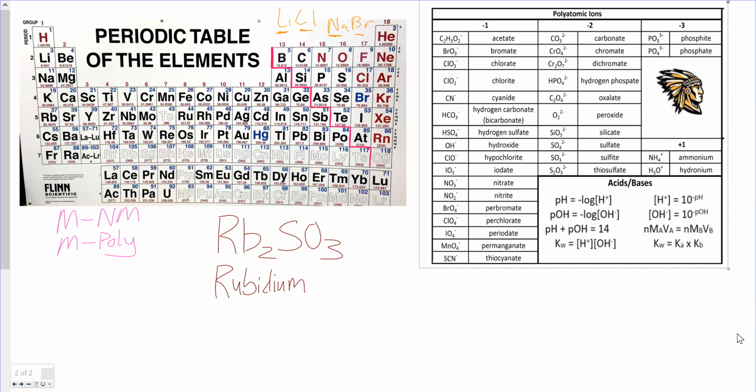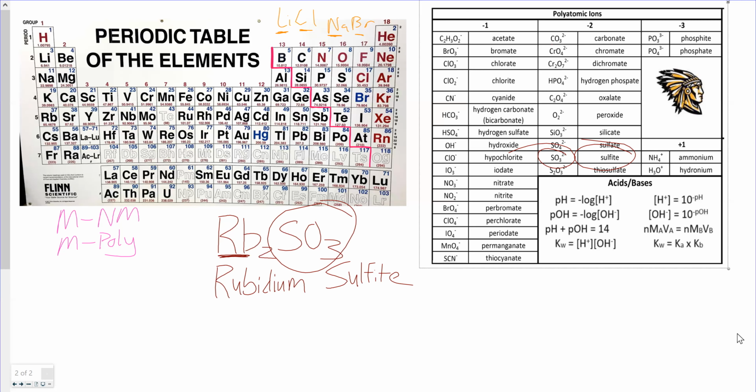You should be looking on this chart and finding something that looks like what's left over. You just have to find it on the chart. Somebody find it on the chart. Thank you, Mandy. Mandy says it's sulfite. She is correct. Sulfite, SO3.